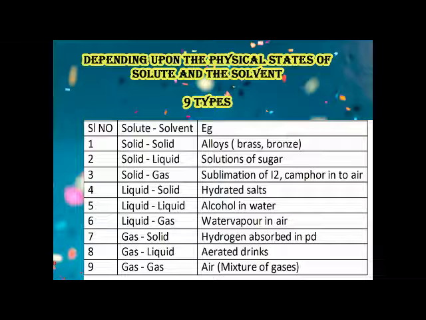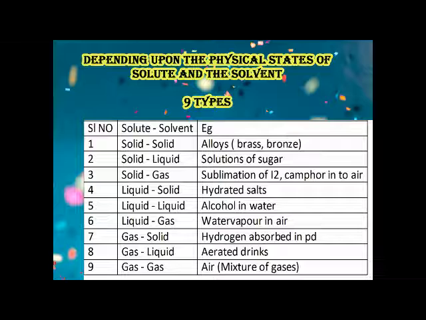For that, when we see the first type, solid, we can say so many examples. And solid in liquid and solid in gas. In these, the first one is considered the solute and the second one is the solvent.